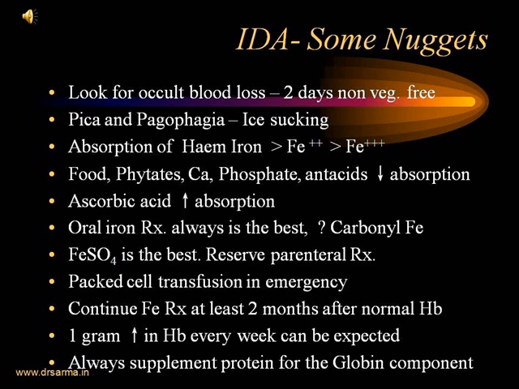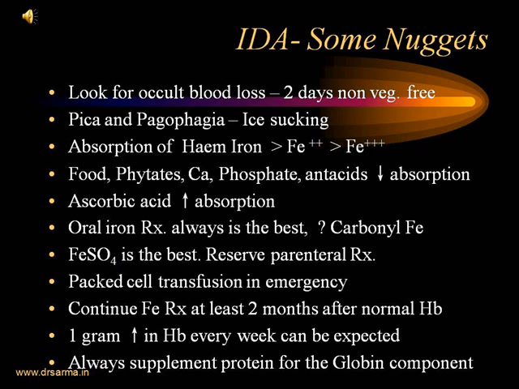Always remember, hemoglobin is not heme component alone. It is heme plus globin. The globin part is protein. Unless you supplement adequate protein in the diet for the patient, hemoglobin formation cannot occur simply by giving iron alone. So all iron deficiency anemia patients do require iron plus globin, particularly if the patient is hypoalbuminemic or if the patient's protein levels are lower.